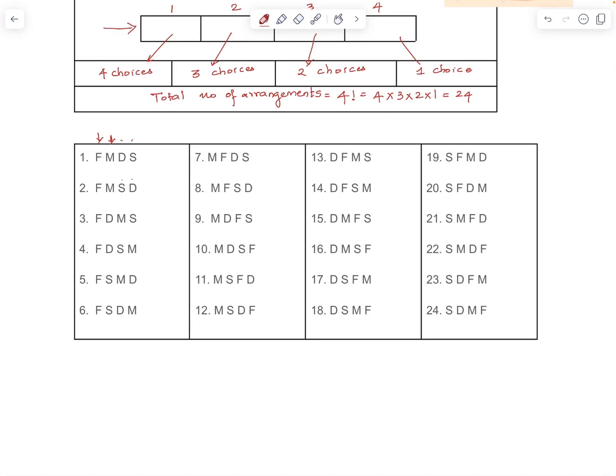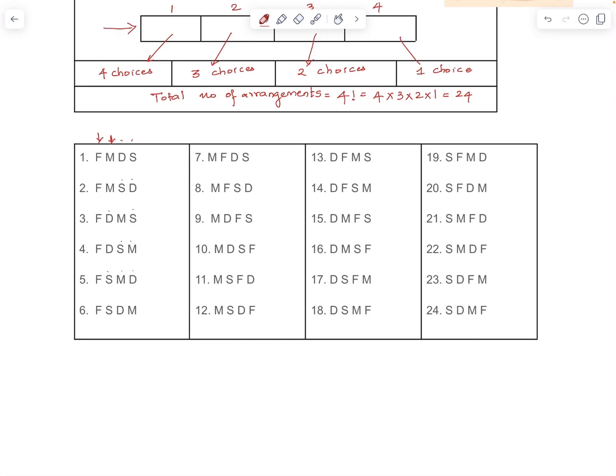Then in the second position, I bring in daughter and then keep mother and son. And then in the next arrangement, I keep daughter in the second place itself and S and M. In second position, I bring son. In third and fourth position, I keep M and D. In the third and the fourth position, I just shuffle that as D and M.